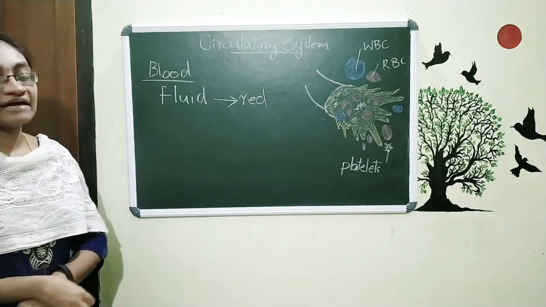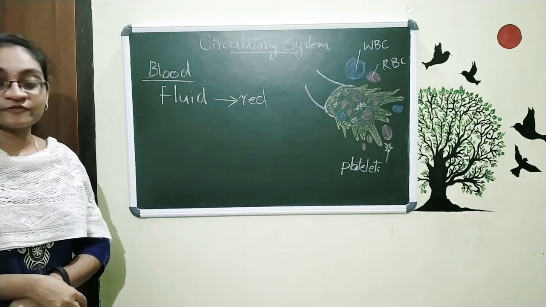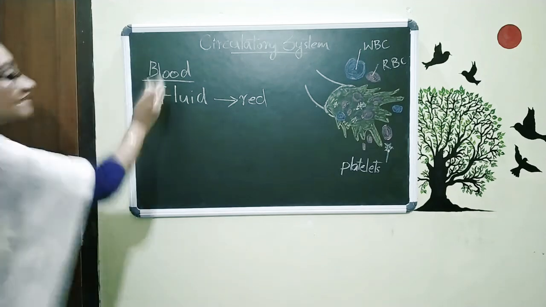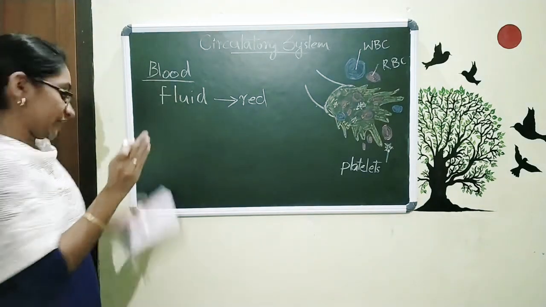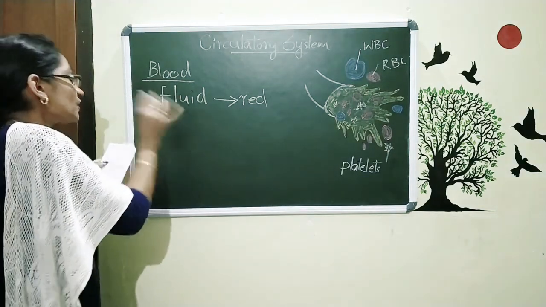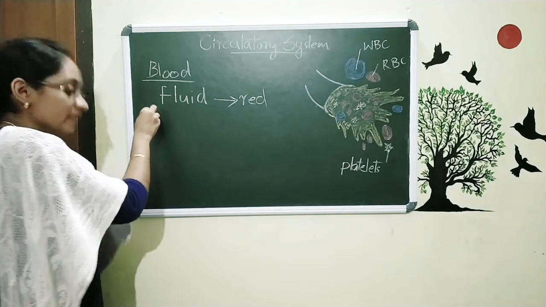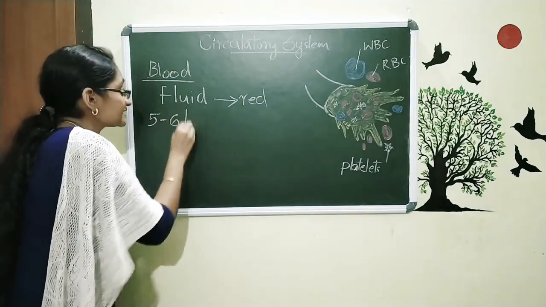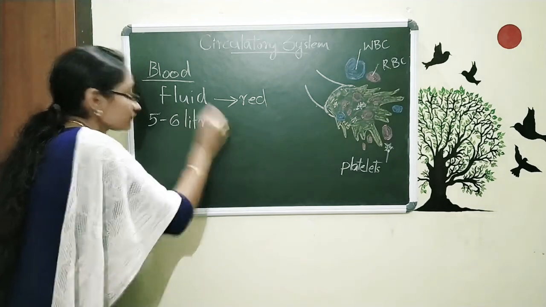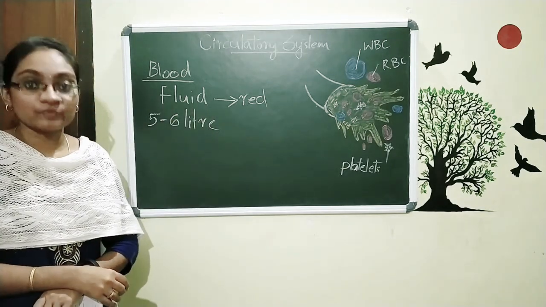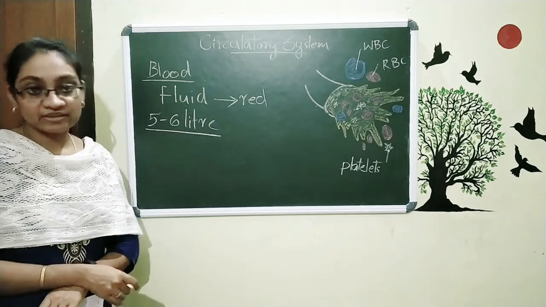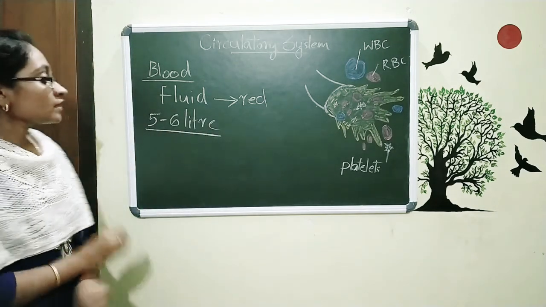Other organisms have differently colored blood. For an average human body, there are 5 to 6 liters of blood.